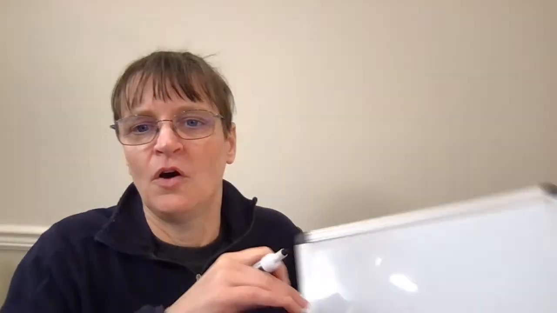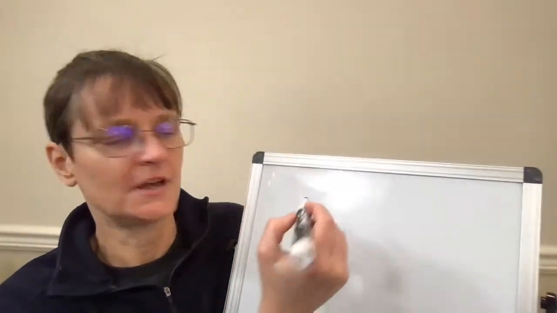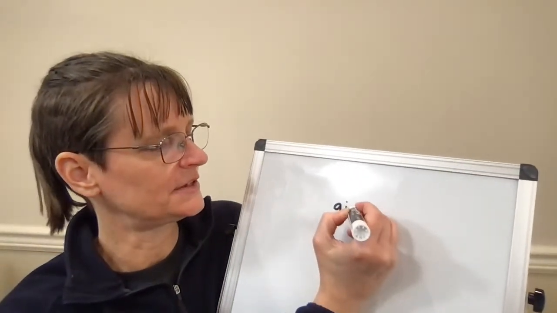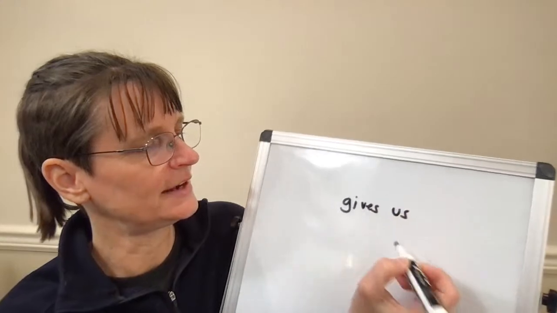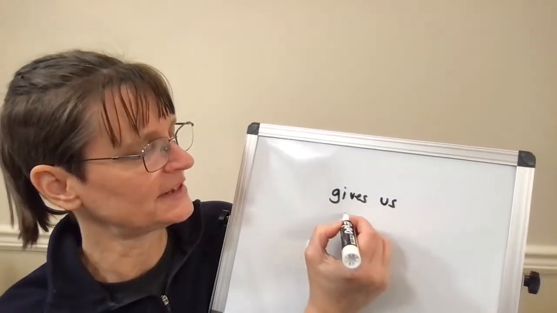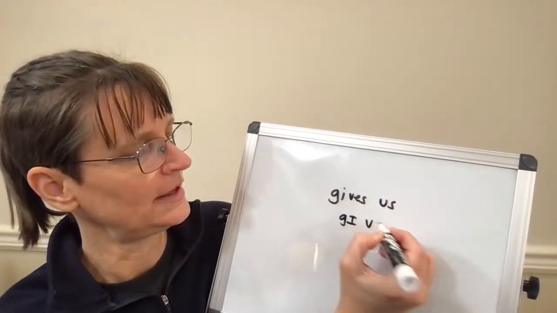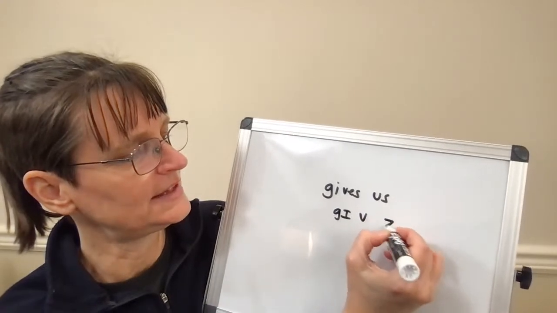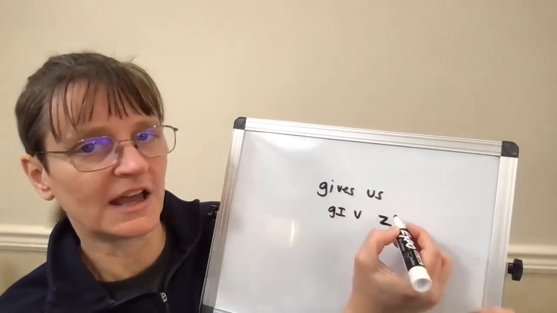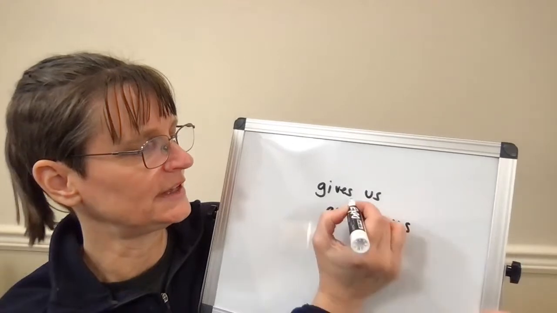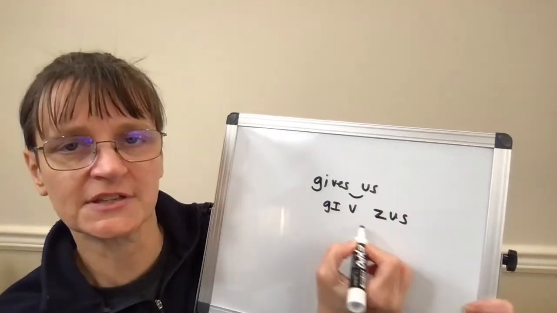Okay. We have a question for gives us versus give us. Gives us. So that basically sounds like it has the I vowel, a V, and then it's easier to do this if you put your Z kind of on the us, because we link these two. Gives us, gives us.